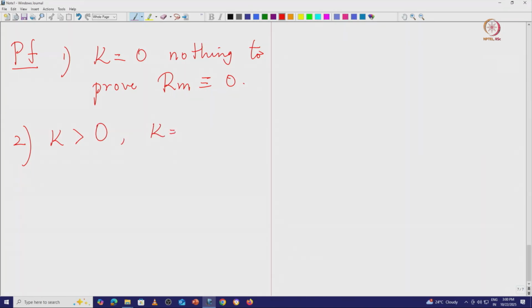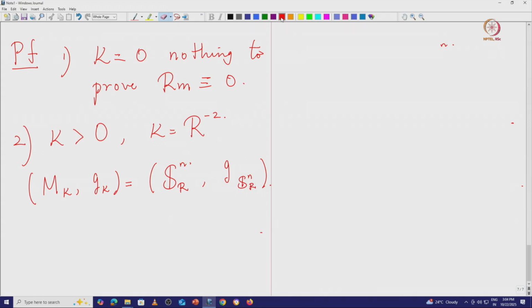Let us put kappa to be 1 by r squared. Okay. So then the space I am looking at is really this space. Okay. So I want to compute the curvature tensor of this.